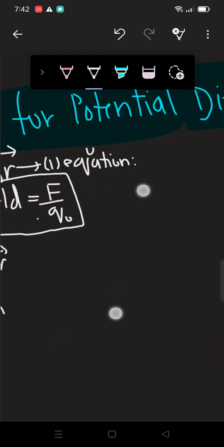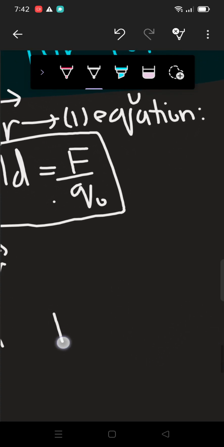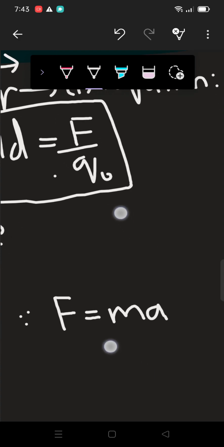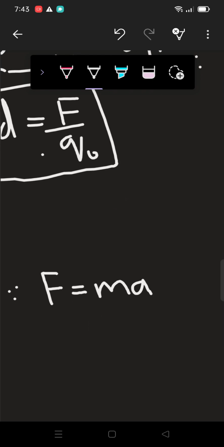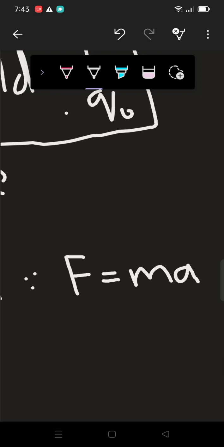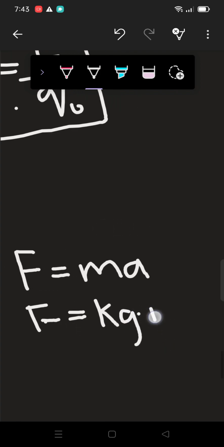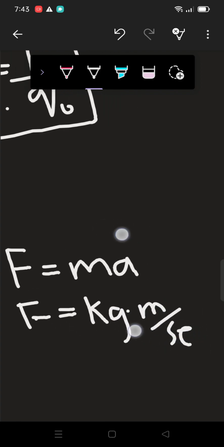All right, so we know that F is equal to ma. Here we got the Newton unit, right? So from here we will be deriving the dimension for the Newton. So F is equal to ma, which was the second equation of motion given by, of course, Newton. So F is equal to m means kg and a means meter per second square.